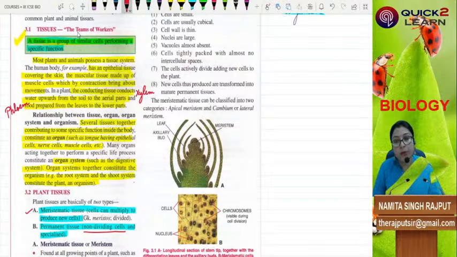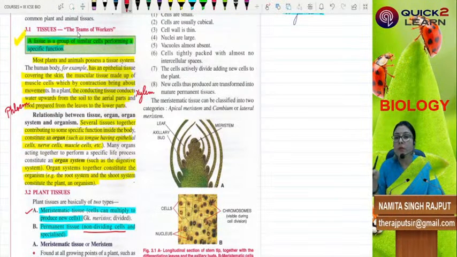So you have to remember that meristematic tissue is continuously dividing and adds to the growth of the plant. It adds to the length and girth of the plant, and some of the meristematic tissues also get converted into permanent tissues.